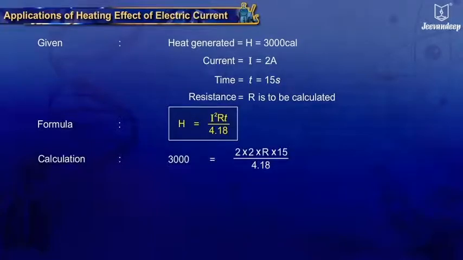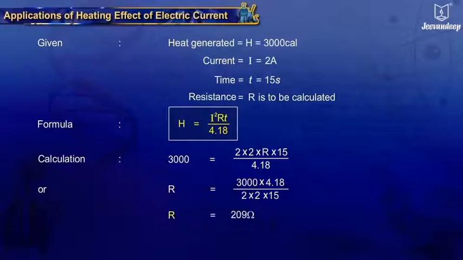Calculation: putting the values in the formula, we get 3000 equals 2 multiplied by 2 multiplied by R multiplied by 15 upon 4.18, or R equals 3000 multiplied by 4.18 upon 2 multiplied by 2 into 15.